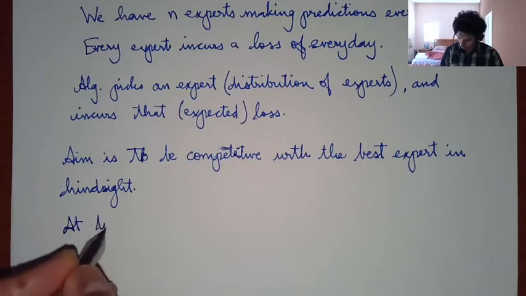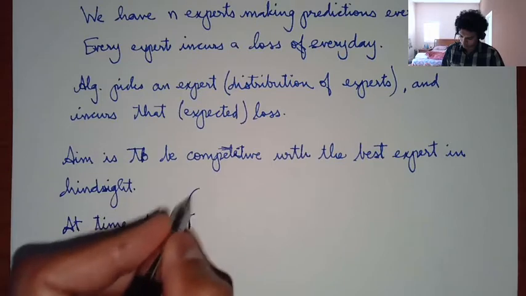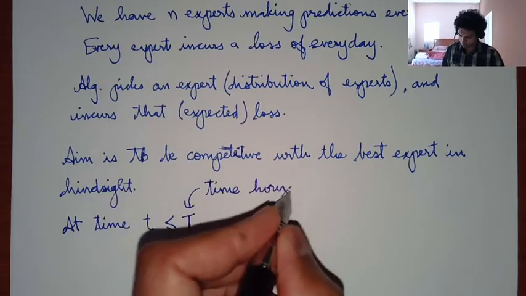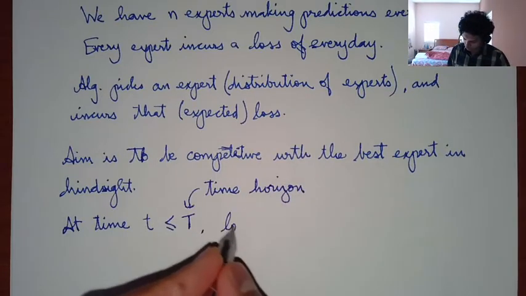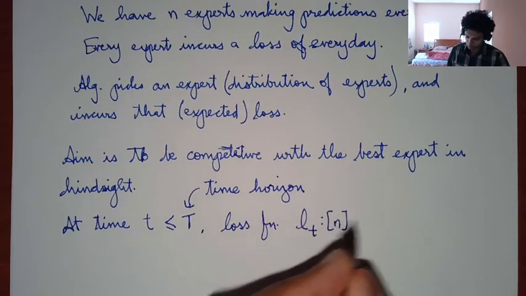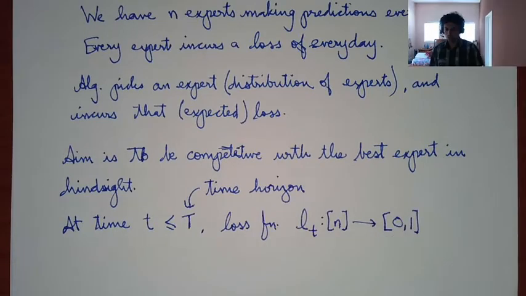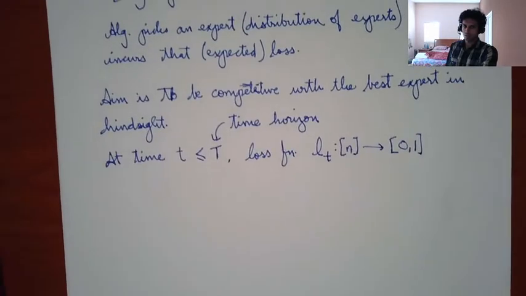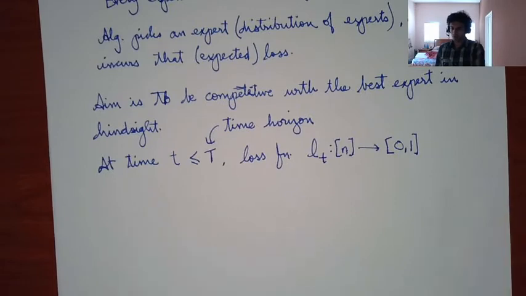So at time t, and this is going to be the time horizon, sort of how many steps or how many rounds there are in this process. So at time t, there is a loss function L of t, which takes an expert and gives a loss whose value is in [0, 1]. Just zoom out a little bit so that I have more space to write.